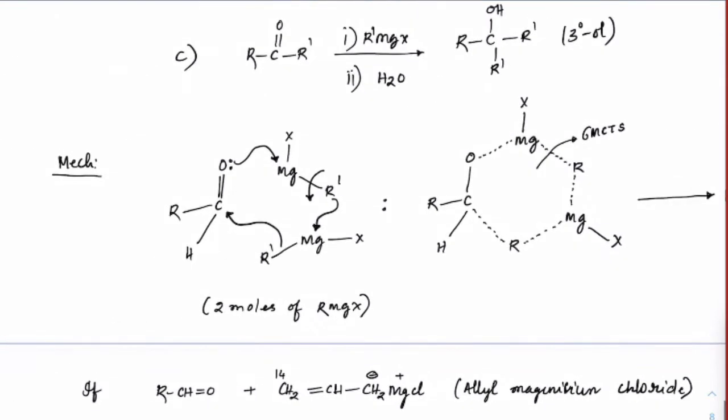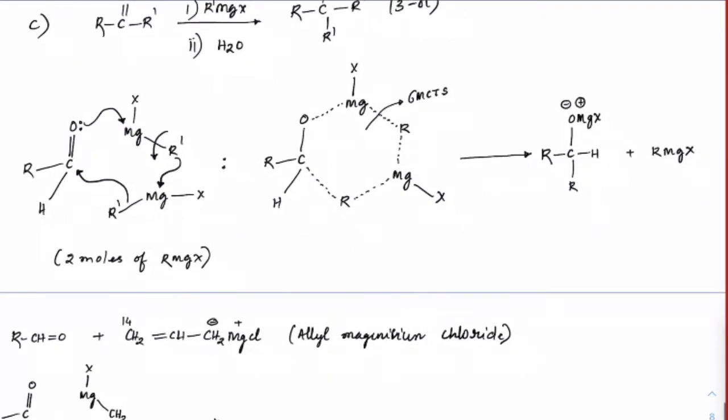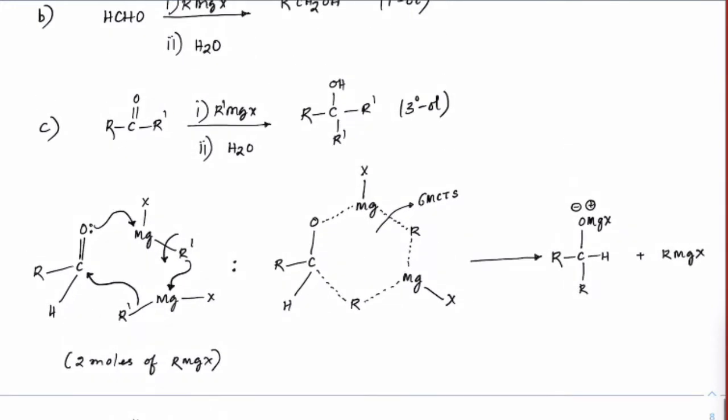So in the overall reaction we have utilized only 1 mole, but for the reaction to facilitate, those 2 moles have been used. Sometimes in the question it will be given as 1 equivalent, then also you should write this overall reaction as forming alcohols. Do not think that, sir, only 1 equivalent is given, so the reaction won't happen.